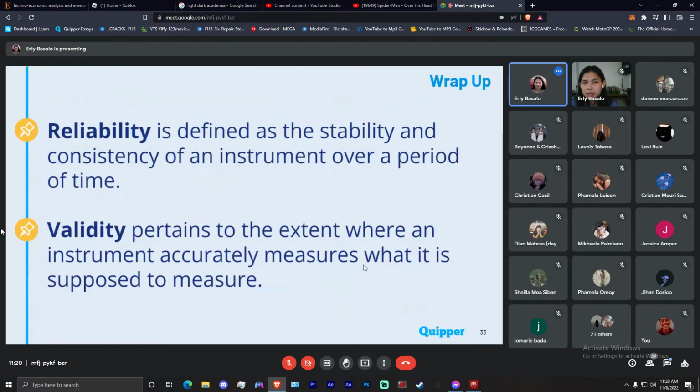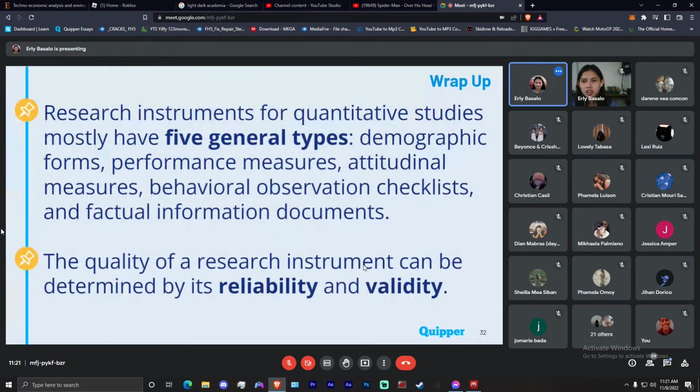Again, reliability is defined as the stability and consistency of an instrument over a period of time, while validity pertains to the extent to which an instrument accurately measures what it is supposed to measure. The general types of research instruments for quantitative studies are demographic forms, performance measures, attitudinal measures, behavioral observation checklists, and factual information documents.